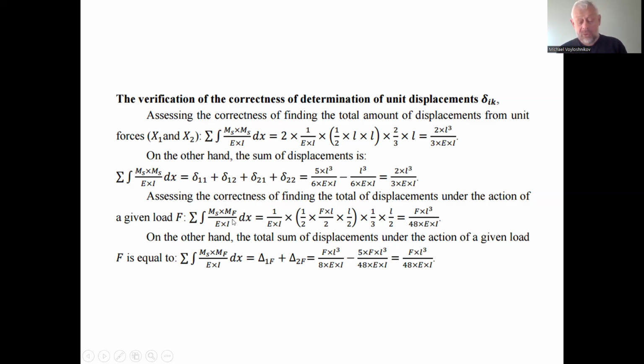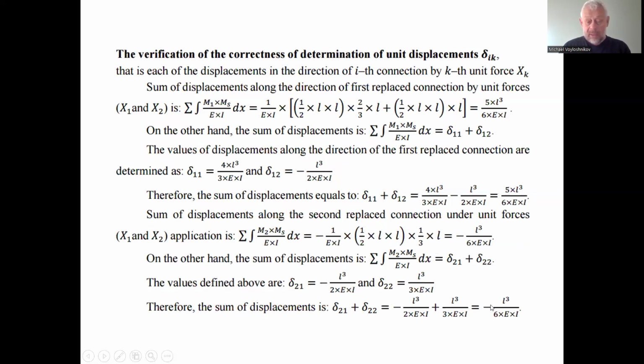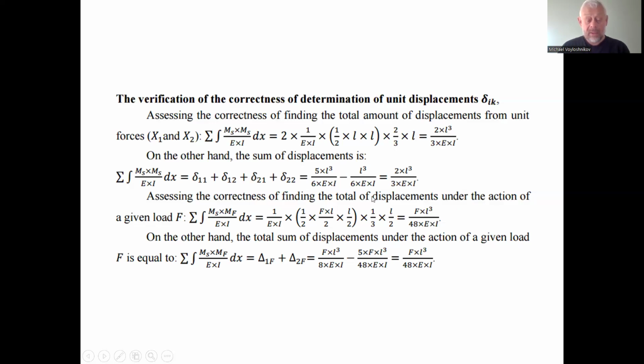And we can consider what we previously got: the totals of delta 1 1 plus delta 1 2, and here delta 2 1 plus delta 2 2. We can consider these two magnitudes; we have the results here, and we find that together they are 2 in the numerator, 2 multiplied by L cubed divided by 3 and the rigidity index of the frame.